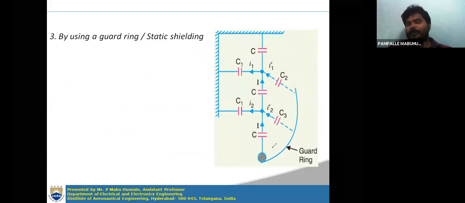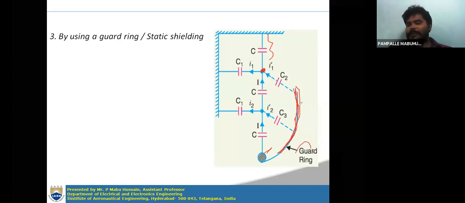So this is your conductor. Between this conductor and the disc which is nearer to the cross arm, you place one guard ring here, like this. This is called the guard ring.